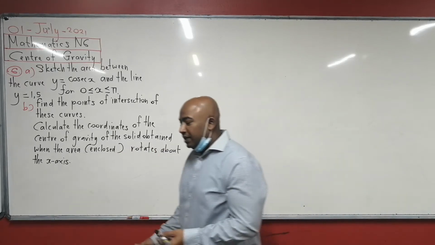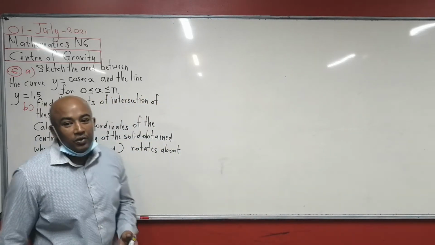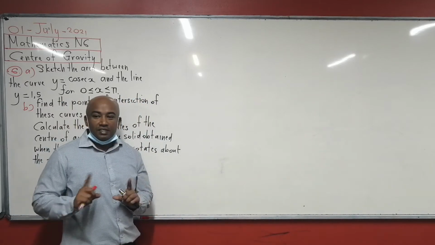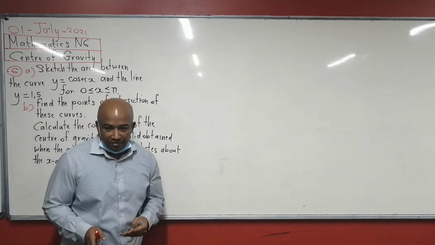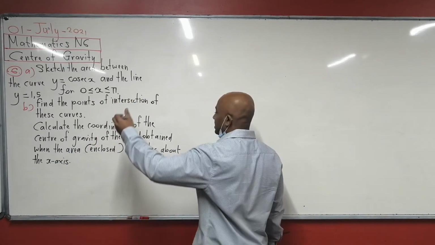Right, now, how do we sketch the cosec graph? We need to know the sine graph, and then from the sine graph, we work out the cosec graph.